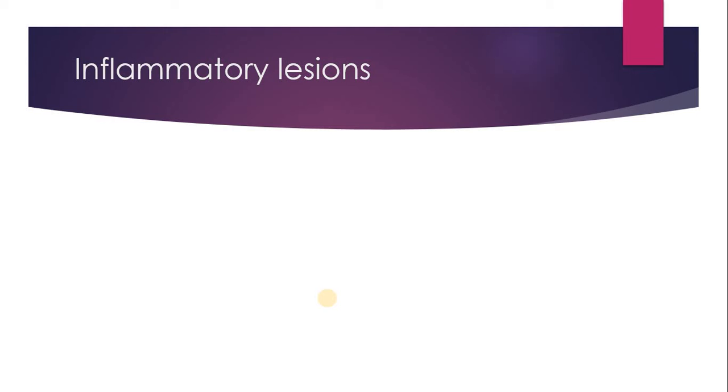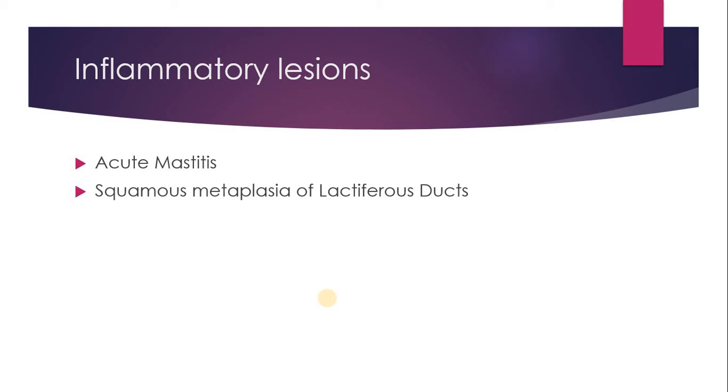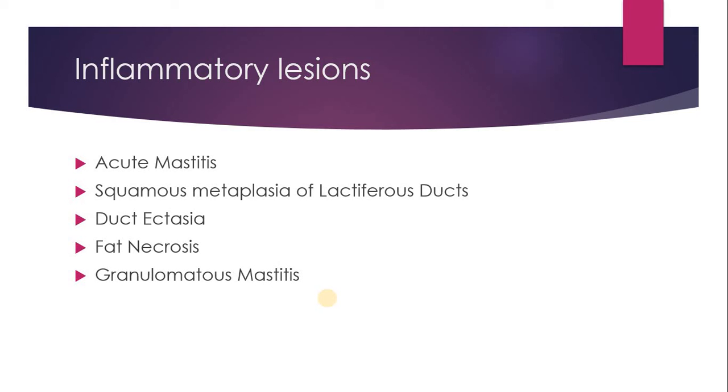Now, a separate question: what are the inflammatory lesions of the breast? Mastitis, which may be acute or chronic, squamous metaplasia, duct ectasia, fat necrosis, and granulomatous mastitis are all inflammatory lesions of the breast.